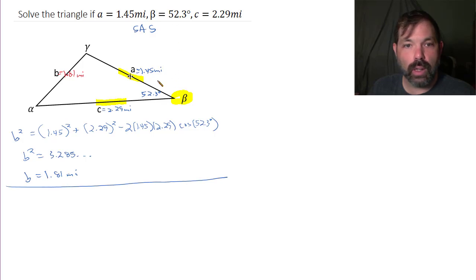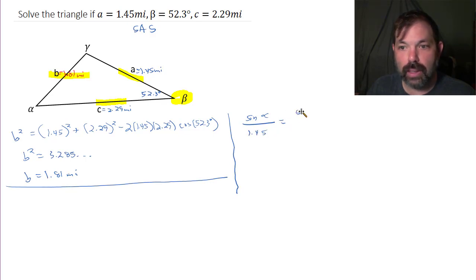Now I know an angle and an opposite side. I can apply the law of sines to solve for the smaller remaining angle. I will solve for alpha now. Let's find alpha. So now the sine of alpha is to 1.45 as the sine of 52.3 degrees is to 1.81 miles.